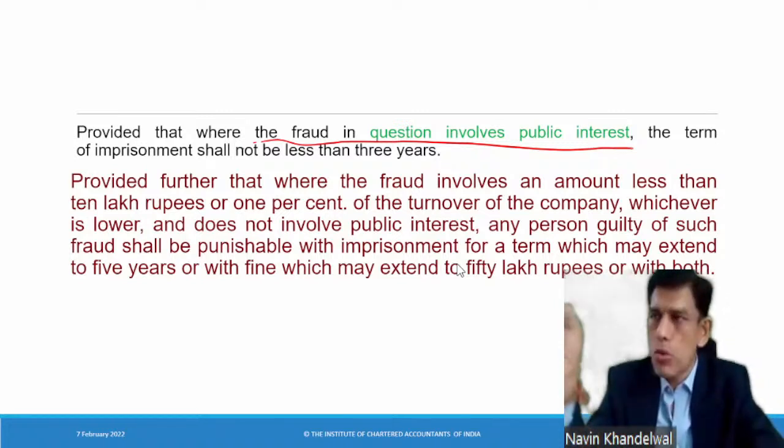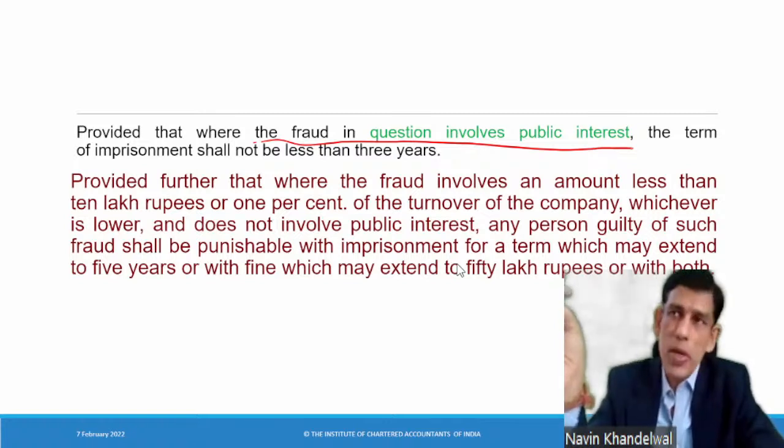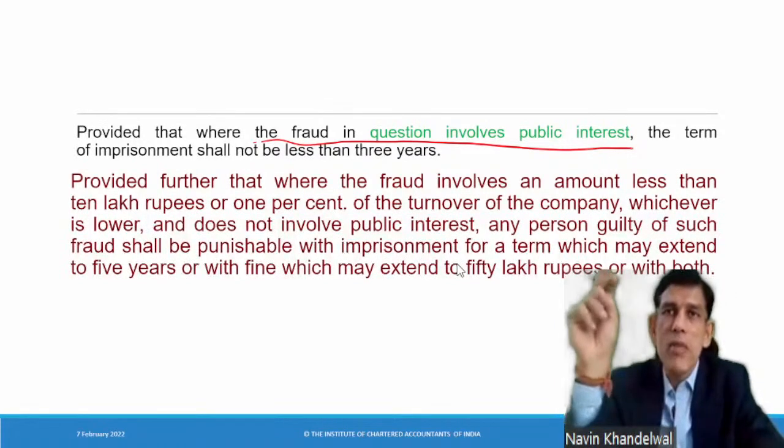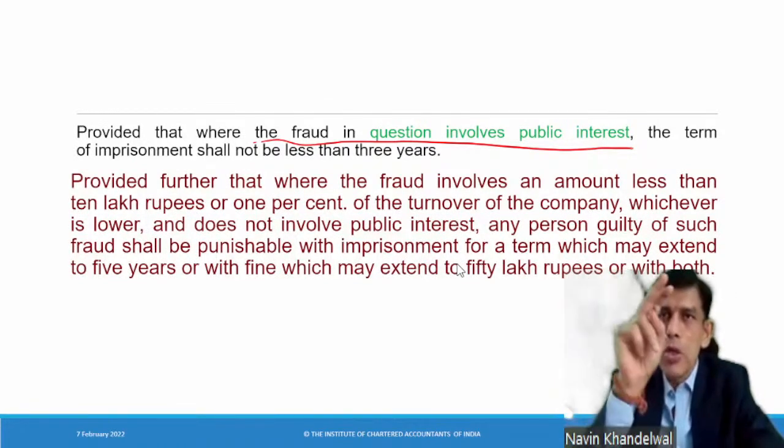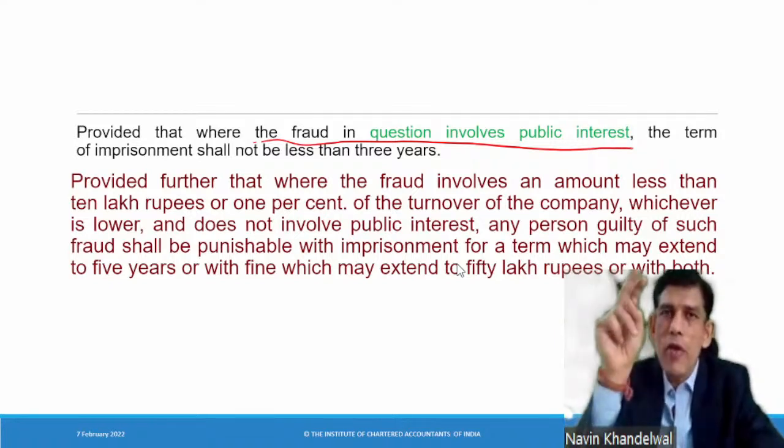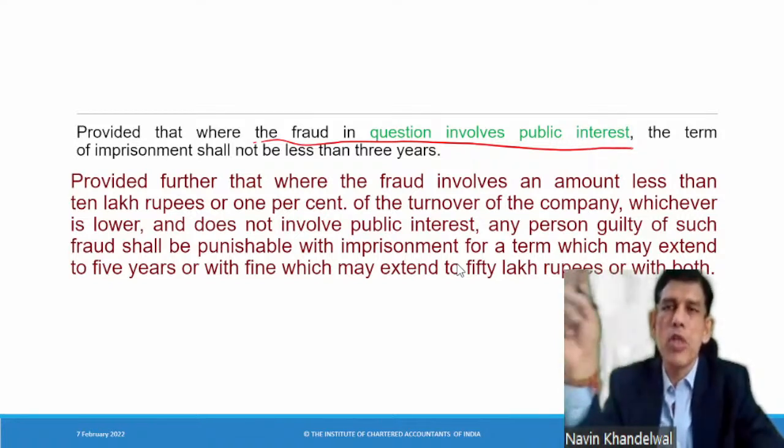So that means now identification, quantification, and along with that, the question of public interest. Identification, quantification, and question of public interest. So when you tick all these 3 boxes, you have identified, you have quantified, and you have answered the question whether it involves public interest.